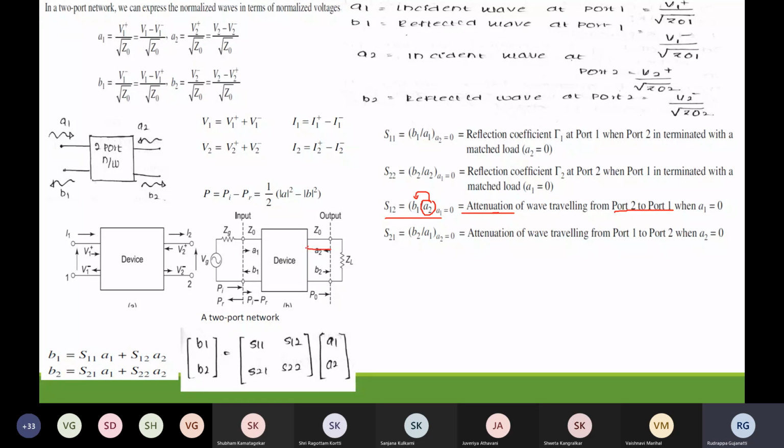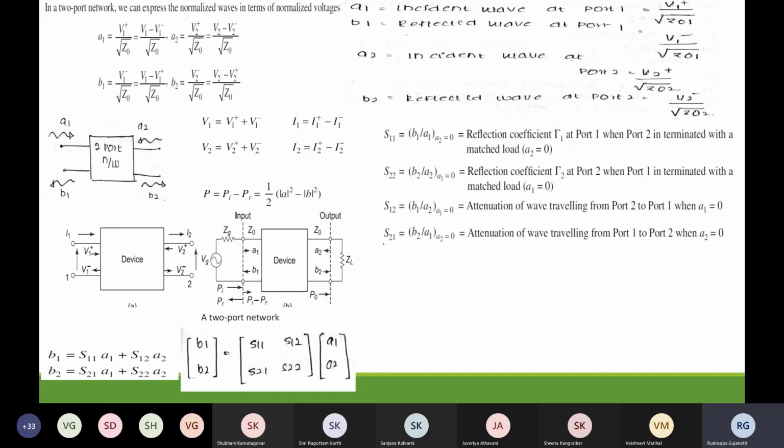This is what you are looking at and observing. When you give the input, the wave travels from port 2 to port 1, so it gives you the attenuation of the wave traveling from port 2 to port 1, but under the condition that port 1 is terminated.